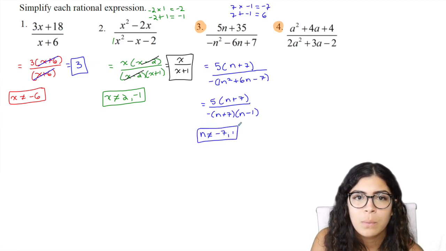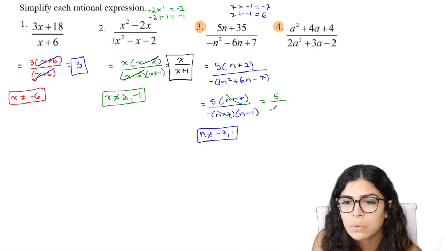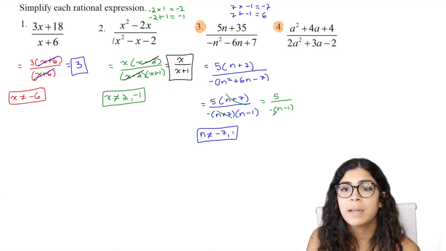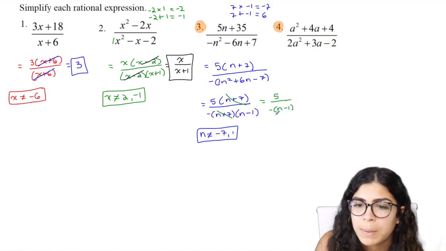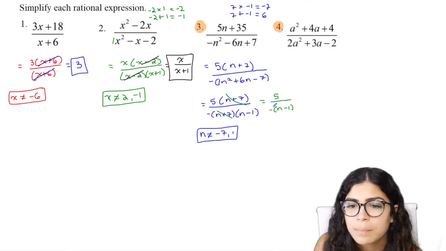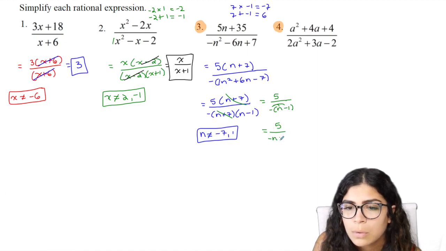And then what would cancel would be the n plus 7 on the top and the bottom. So we end up with 5 over negative n minus 1. And now to completely simplify, whatever remains, you have to go ahead and multiply together. So I'm going to multiply the negative 1 back in. So we end up with 5 over negative n plus 1.